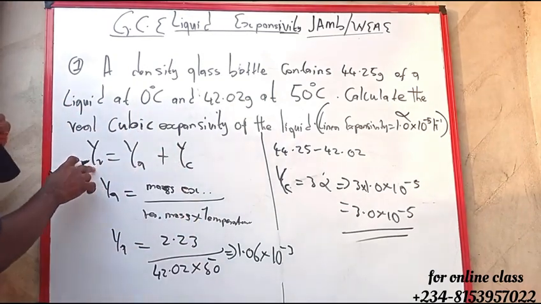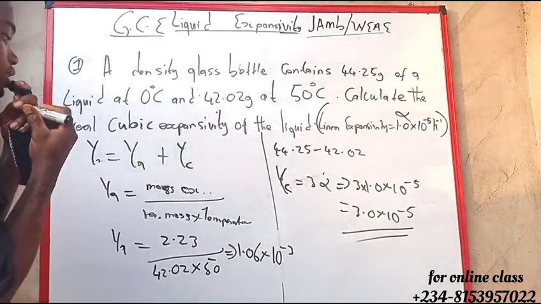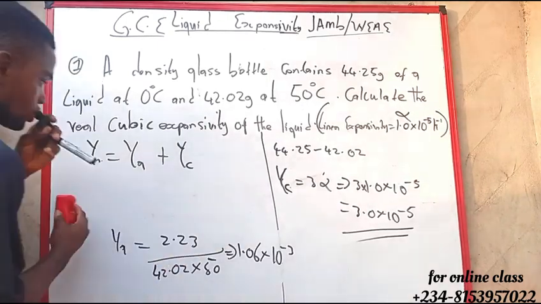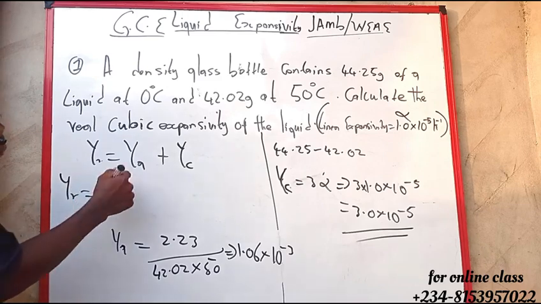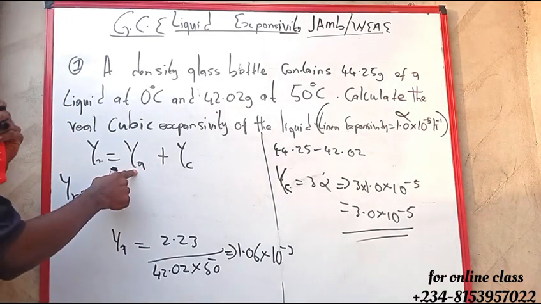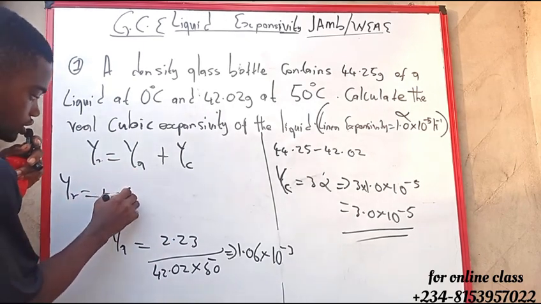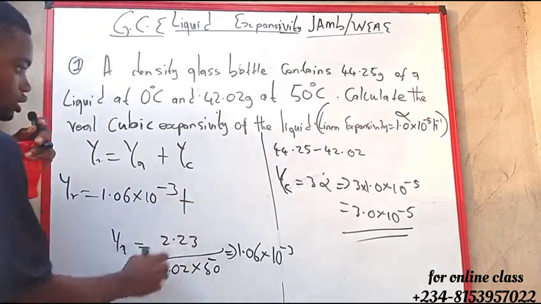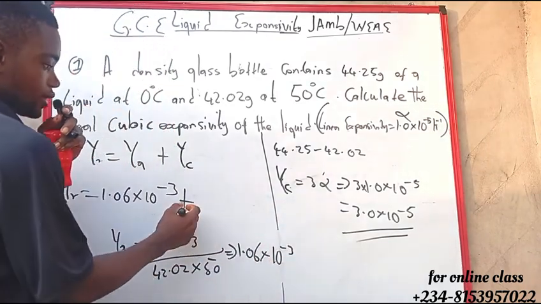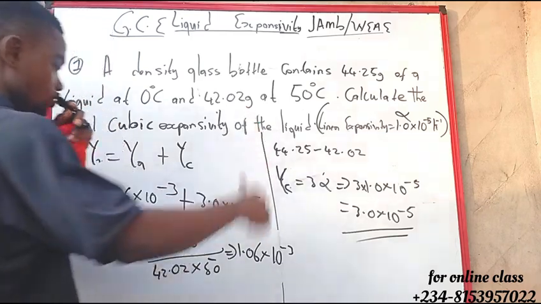We now need to find the cubic expansivity of the liquid. In doing that, I will say that the cubic expansivity is equal to the apparent cubic expansivity of the liquid, which is 1.06 times 10 to the power negative 3, plus the cubic expansivity of the vessel, 3.0 times 10 to the power negative 5.